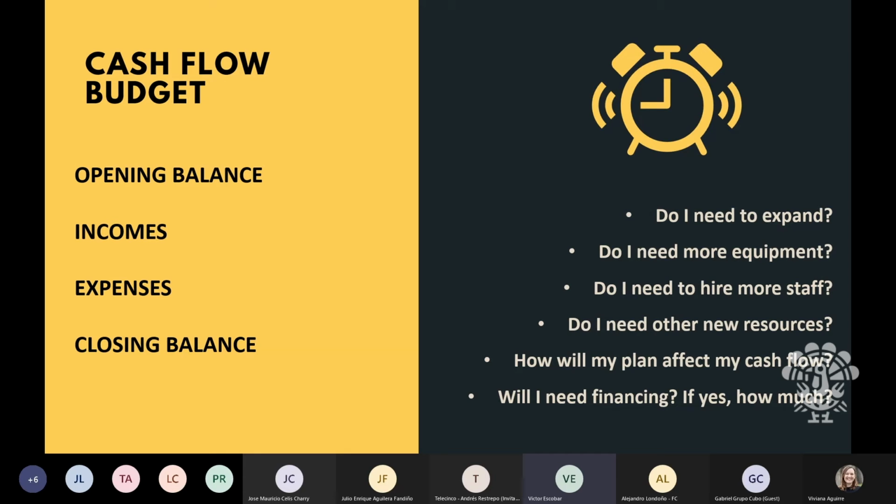If you need financing, how much will you need to pay? That is something we will see in an example next. It's pretty easy, pretty simple, and you can see that it will help you in the future to make decisions.